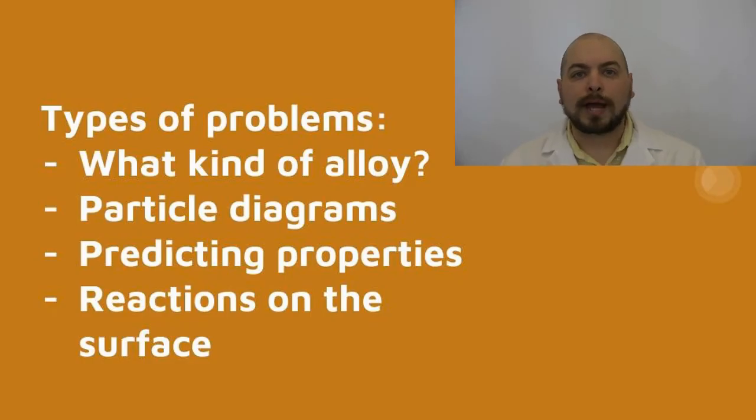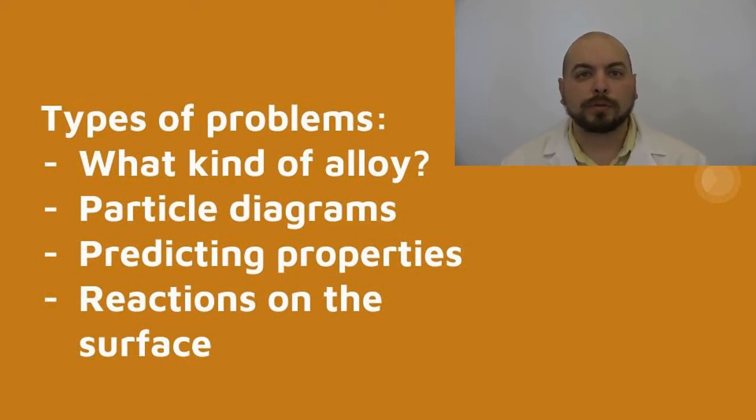In terms of alloys, there are a number of different ways we can really be presented with an alloy problem in chemistry this year. The first one is going to be simply determining whether an alloy is going to be an interstitial or substitutional alloy. Now, connected to that is a really common type of problem that's going to ask you to actually draw a particle diagram of an alloy.